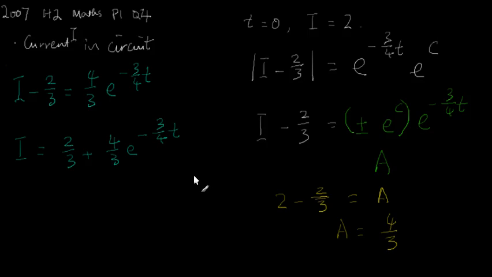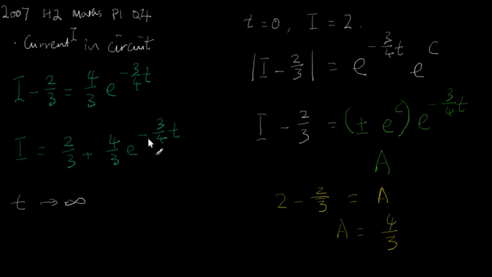Now in the second part of the question, we want to know what happens when t becomes very large. So when say t goes to infinity, what happens to I?